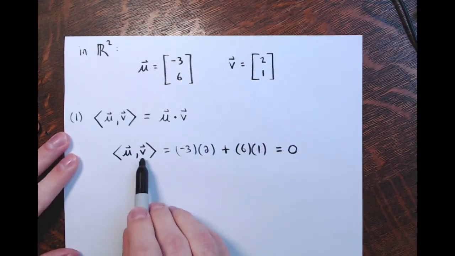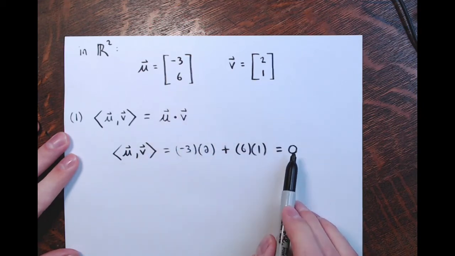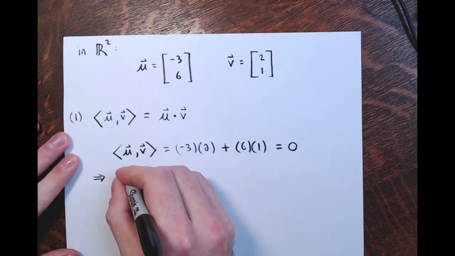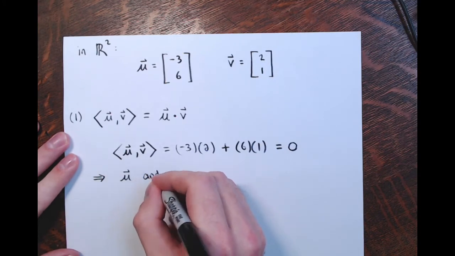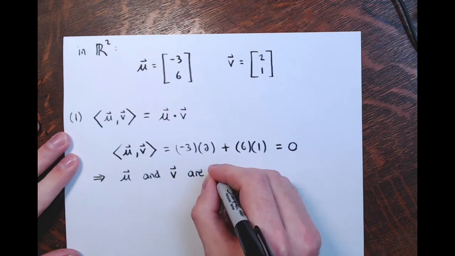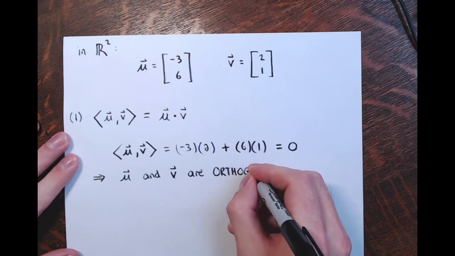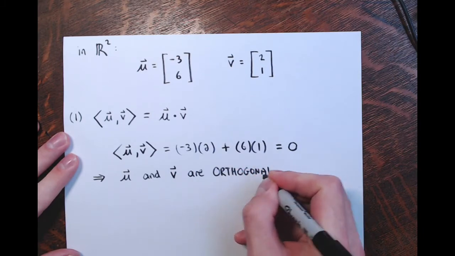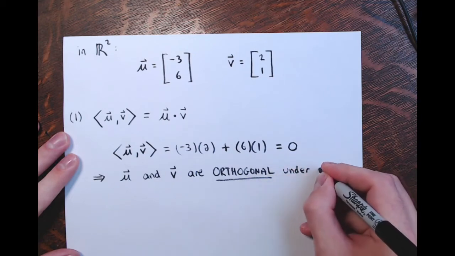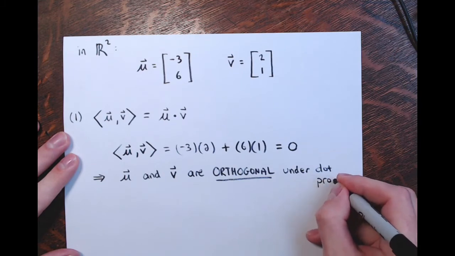So because the inner product of these vectors is 0, we would then say that u and v are orthogonal under the dot product, under this standard Euclidean inner product.